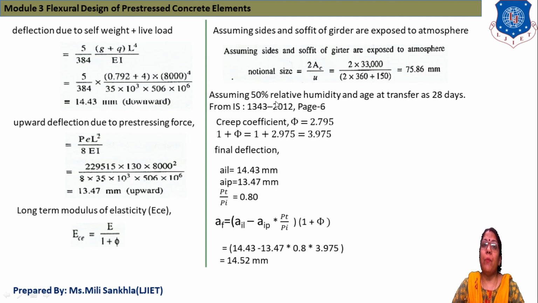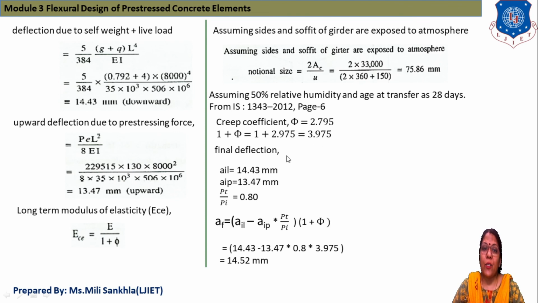Assume 15% relative humidity at transfer of 28 days, and from IS 1343/2012 page number 6, the creep coefficient phi is given 2.975. So 1 plus phi is equal to 1 plus 2.975, 3.975.